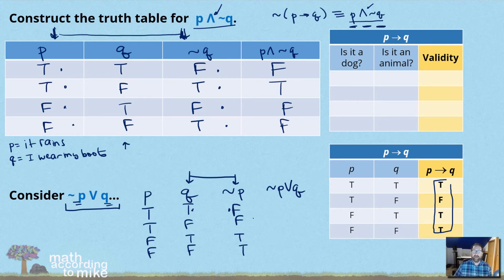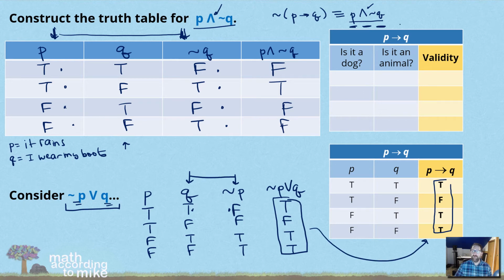So I'm just going to go left to right here. So true or false is true. False or false is false. True or true, true. False or true, true. Notice this time we have the exact same layout as if-then.